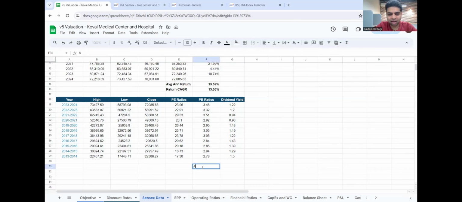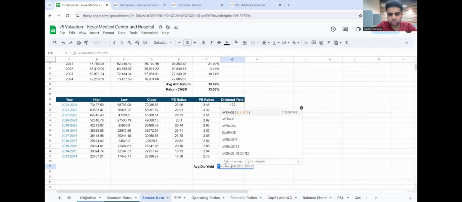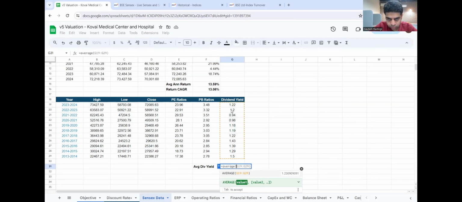Okay. So the average dividend yield, okay, for the last 10 years is the average of, start from here and go up till here. So 10.